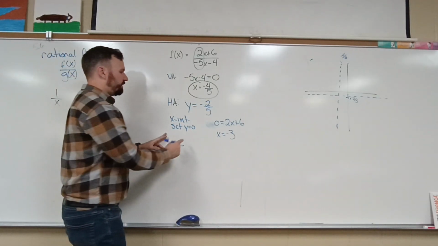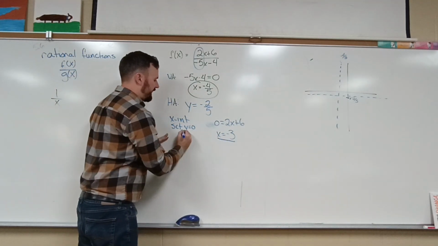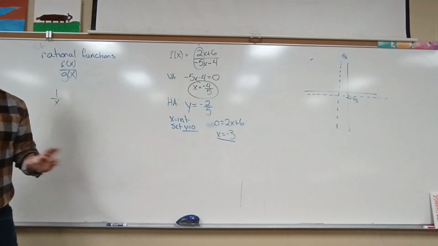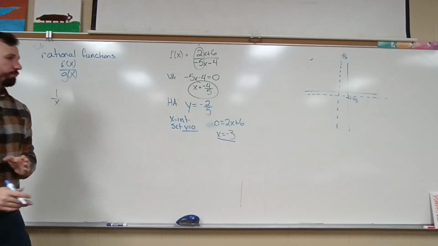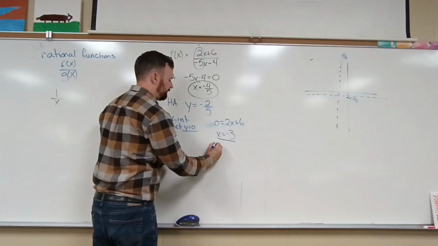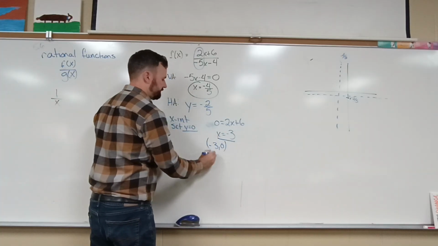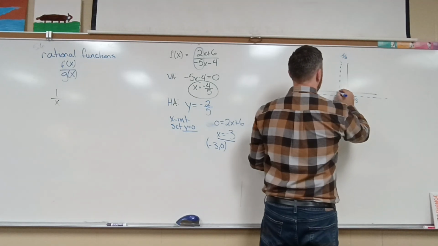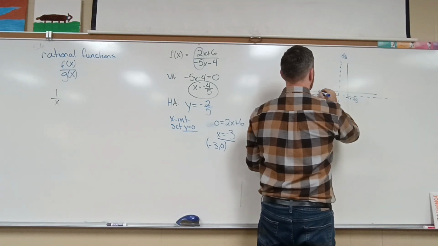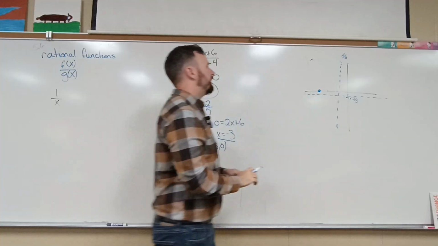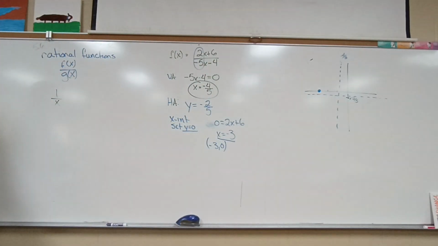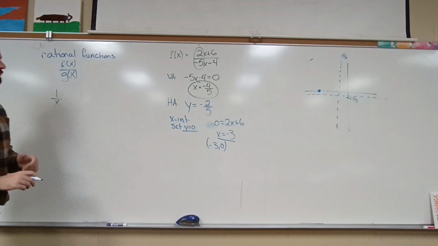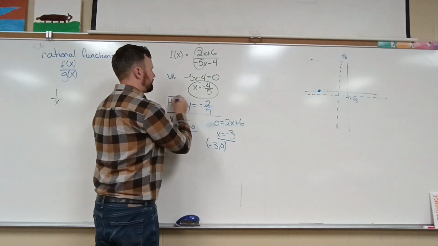Now remember, I have an x value and a y value for that, right? So that's not an asymptote. That's the point -3, 0. So that's -4, -1, 2, 3. So that means I have a dot right there. Okay? I'll put lines here.